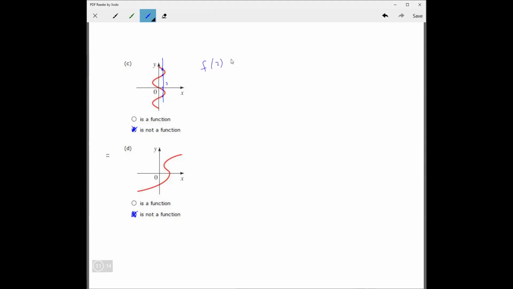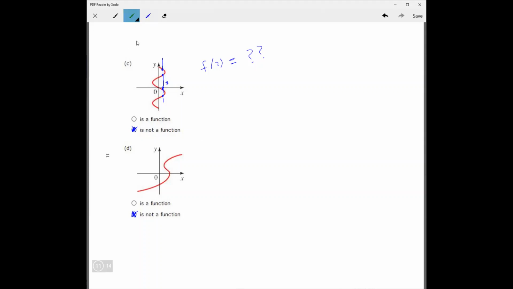Then you would have a dilemma trying to figure out what f of 2 is, because you've got a point on the graph there, a point there, a point there, and a point there. So what is f of 2? It can't be all those 4 points, and still be the kind of function that we're used to having.